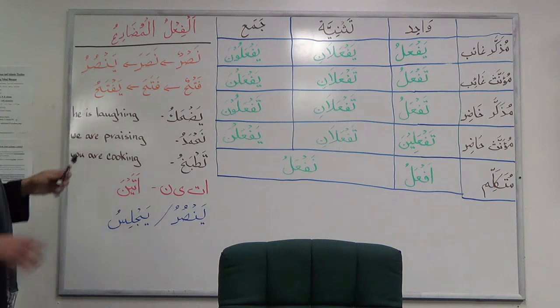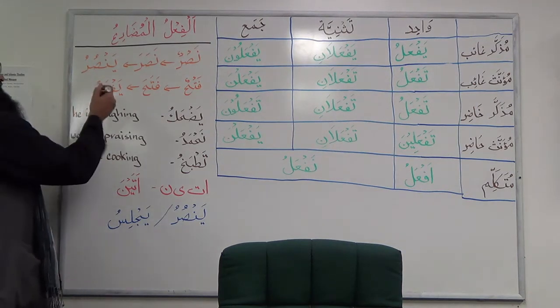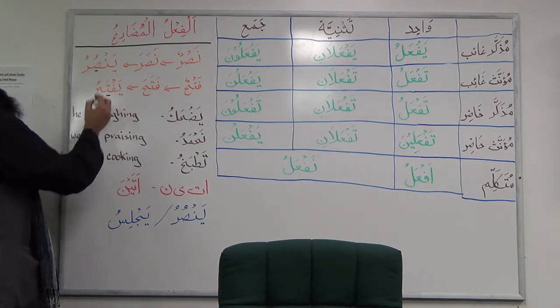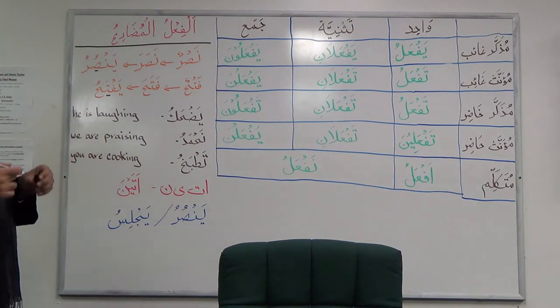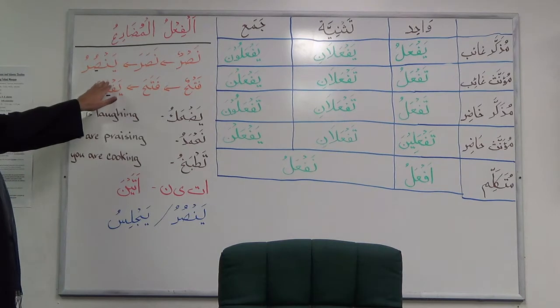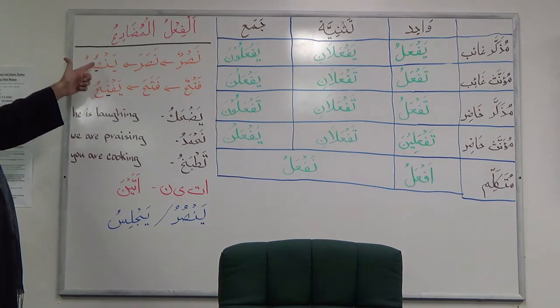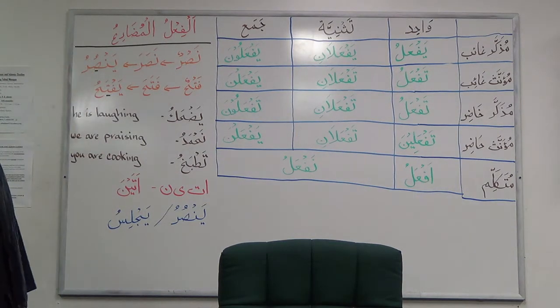In the same way, the ayn kalima in mudari' is going to have three signs. Sometimes a fatha, yaftahu; sometimes a dhamma, yansuru; and sometimes a kasra, yadribu. We will go into that.